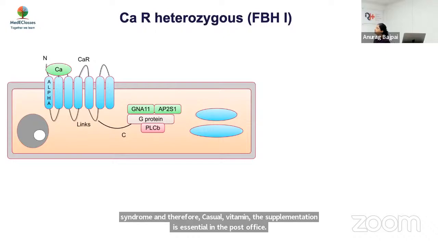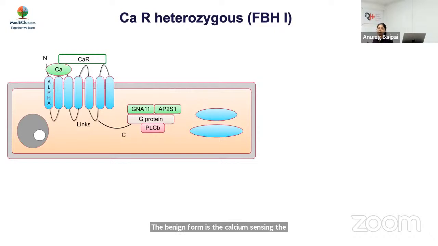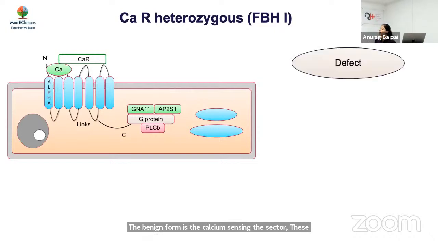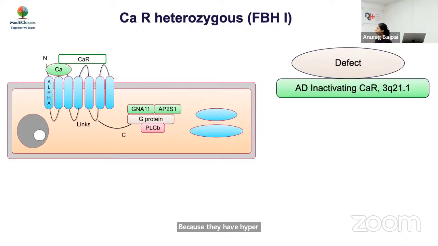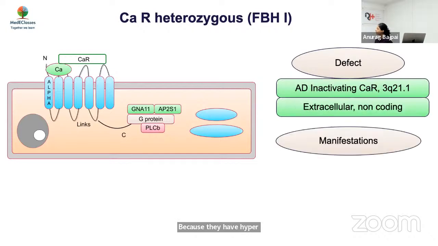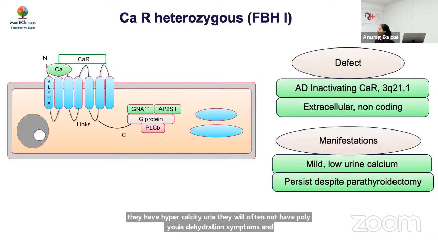The benign form is the heterozygous calcium sensing receptor mutation. These individuals will have hypercalcemia with hypocalciuria. Because they have hypocalciuria, they will often not have polyuria or dehydration symptoms, so these are the milder forms.